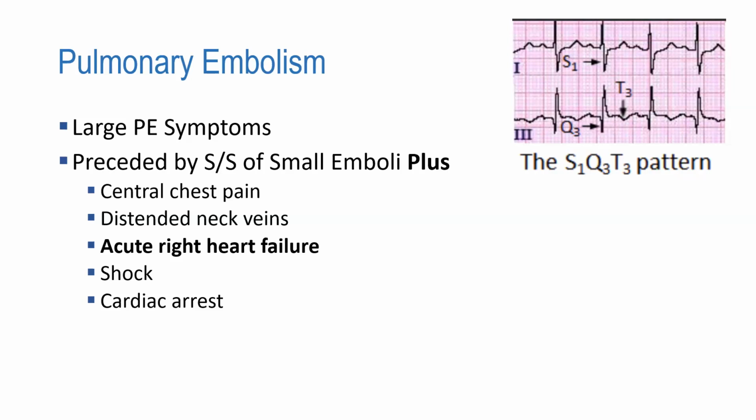Now, I want to remind you about PEA because I think we have a lot of problems really understanding PEA. PEA means the problem isn't electrical, it's mechanical. And the mechanics of the problem are obstruction.